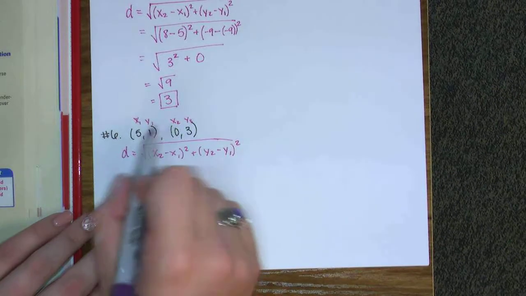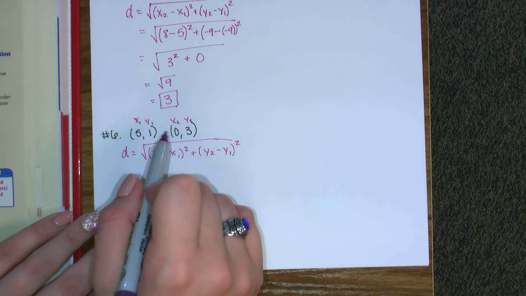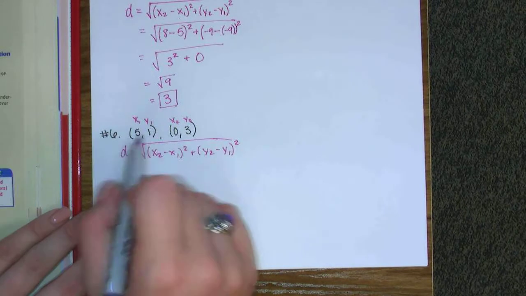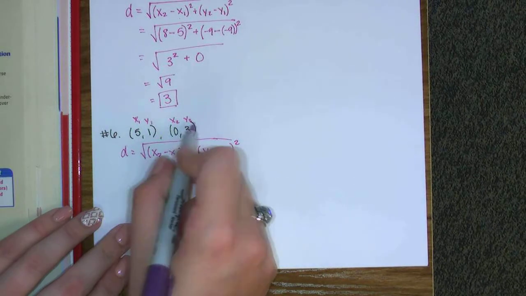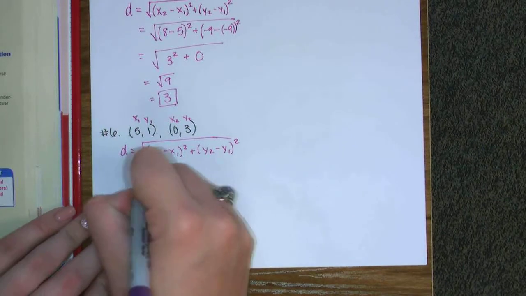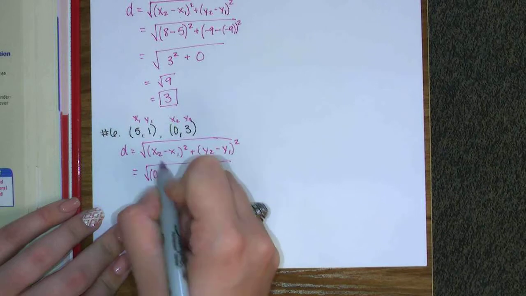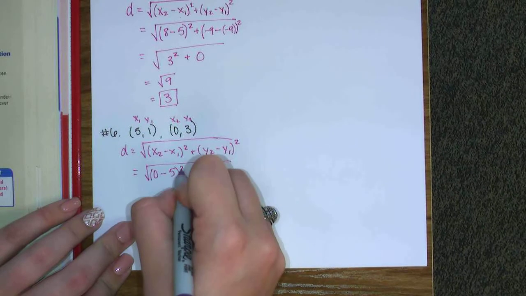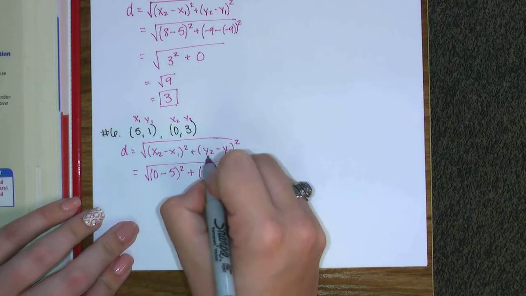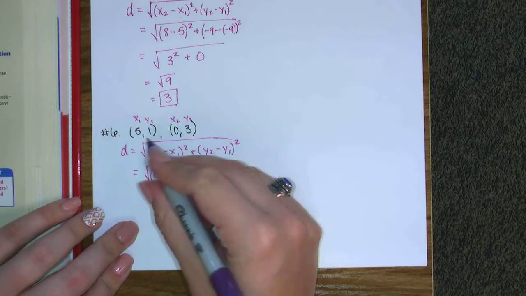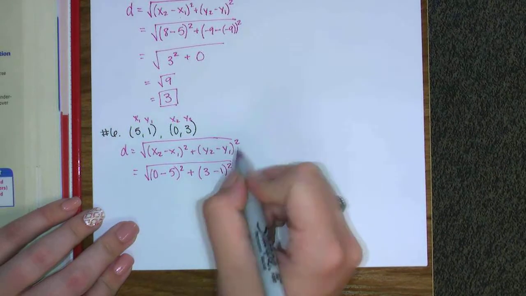Okay, and this is just a good habit to get in general, because the next formula we're going to use follows the same thing where you need to have them labeled out. So this is equal to the square root of (x2 is 0 minus x1 is 5) squared plus (y2 is 3 minus y1 is 1) squared.